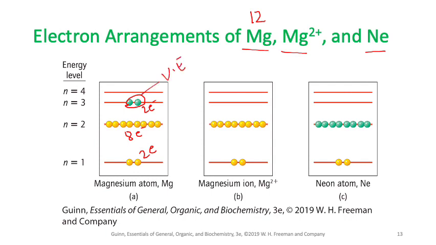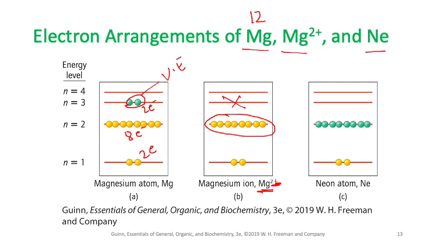And then let's do it for magnesium plus 2. The time I see plus 2, that means 2 electrons are already gone, because magnesium cannot donate more than 2. Now this shell became the new last energy level shell, meaning the valence shell, and how many electrons does it have? 8.